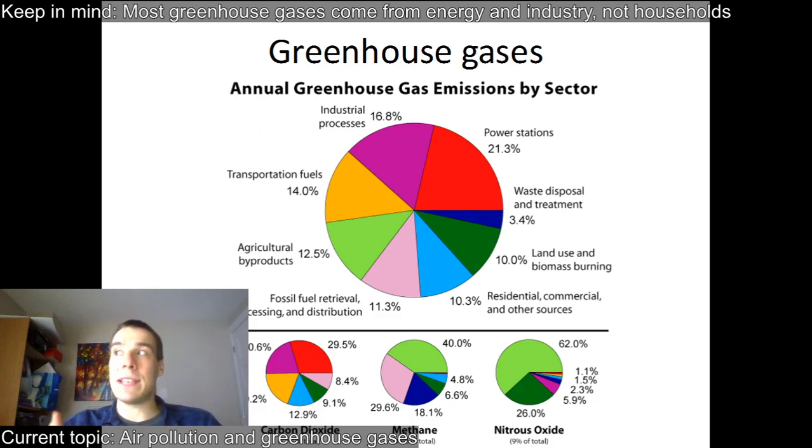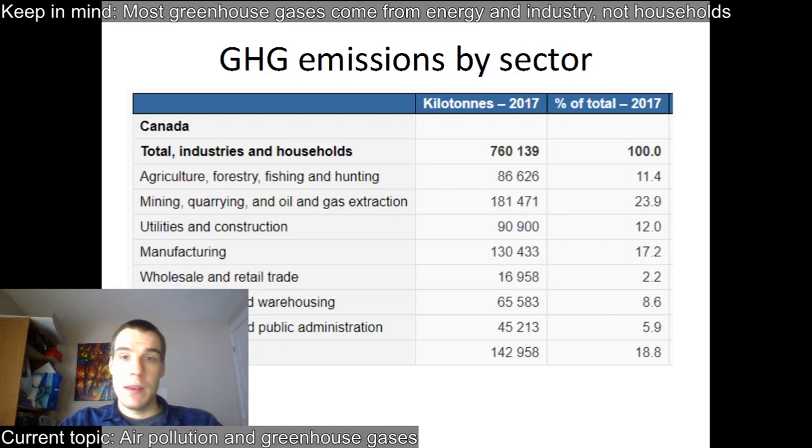So burning it is actually helping the environment because they have to release the methane. I don't know why. I guess they could capture it and sell it to people, but it's better for them to burn the methane because the methane is worse as a greenhouse gas than the CO2 that would come off of burning the methane. Yeah, and that's the same thing, greenhouse gas emissions by sector.